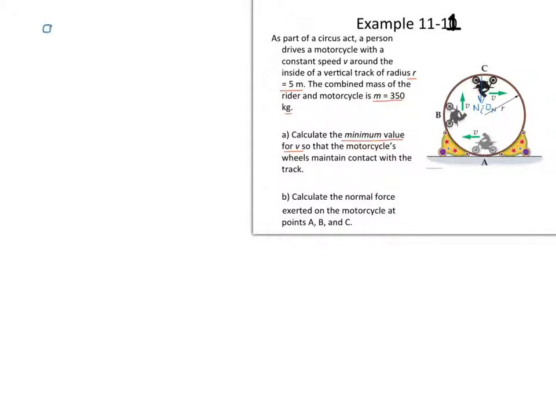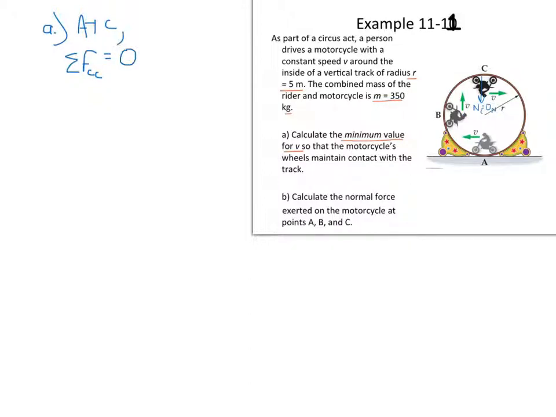All right, so at C. This is part A, okay? At C, what are the forces acting on the motorcyclist? What is the net force acting on the motorcyclist? Net centripetal force at C. Well, there is a normal force, which equals 0, right?